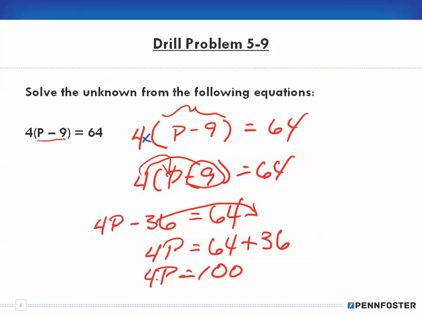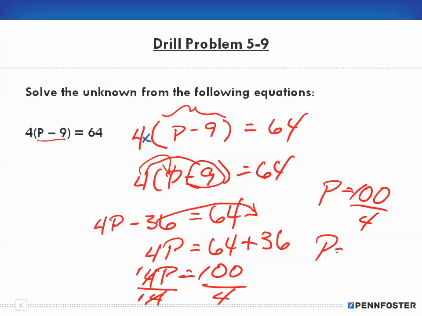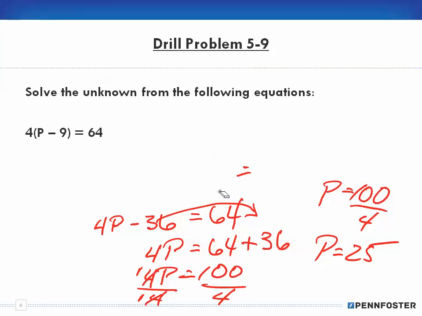And then since I want to further isolate my p here, I divide both sides, what you do on one side you have to do on the other, by the constant, by the whole number there. And that is able to reduce. So I end up with p is equal to 100 over 4, which p then is equal to 25. Okay. All right, let me clean that up and go over it again real quick.